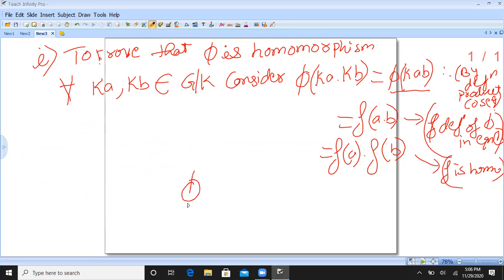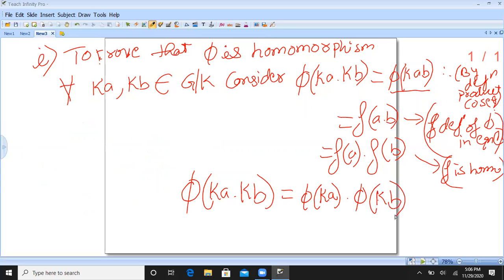Therefore we can write that phi of ka into kb is equal to phi of ka into phi of kb, by equation number 1.